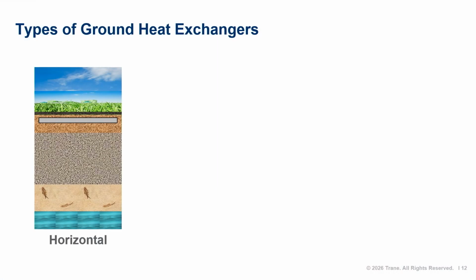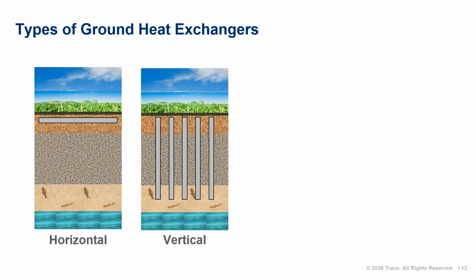Let's break up ground heat exchangers into four types. Horizontal ground heat exchangers can be the most cost-effective to install, but they require the most surface area. Vertical bores achieve high capacity with a smaller installed footprint, but drilling rigs are needed.